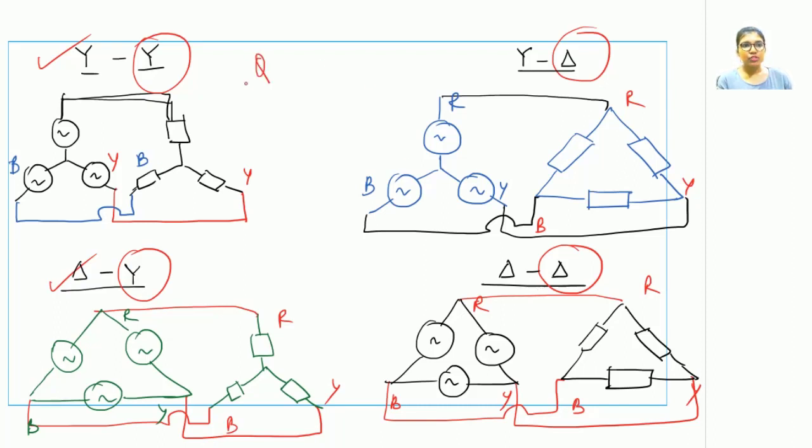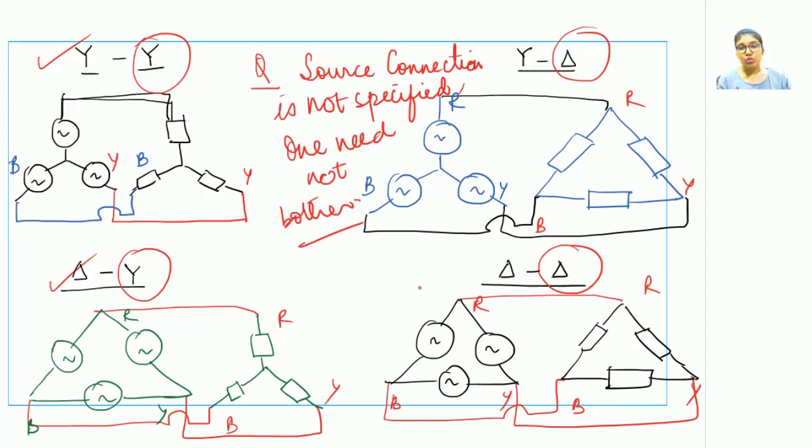If the source connection is not specified in the question, then one need not bother. If the source connection is specified in the question, then one should be looking for either of these four structures. Normally, the questions would be asked based on the load connections only.